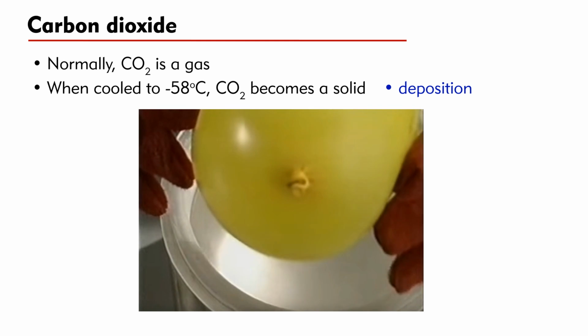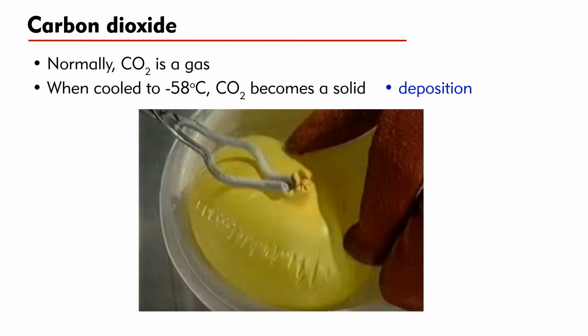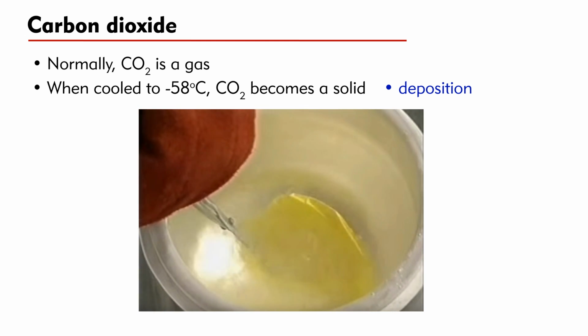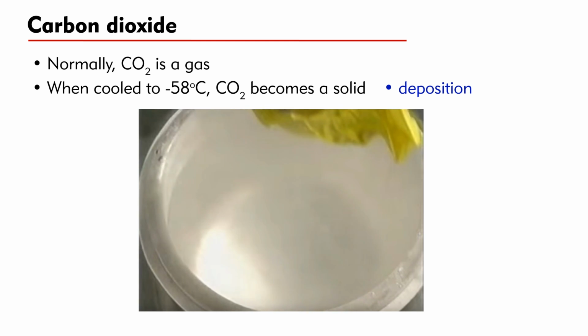Look at this experiment. A balloon filled with carbon dioxide gas is immersed into liquid nitrogen at minus 216 degrees Celsius. The balloon shrinks and solid carbon dioxide is formed.